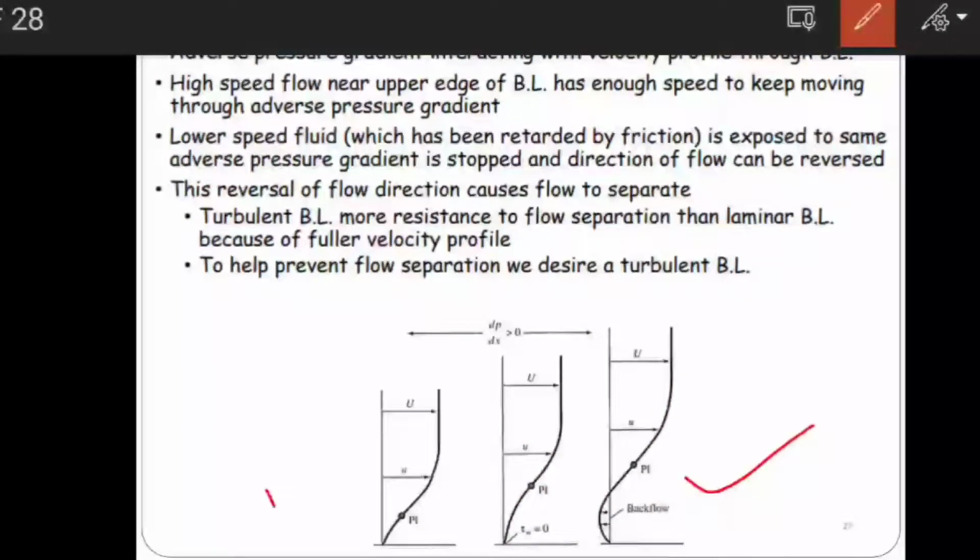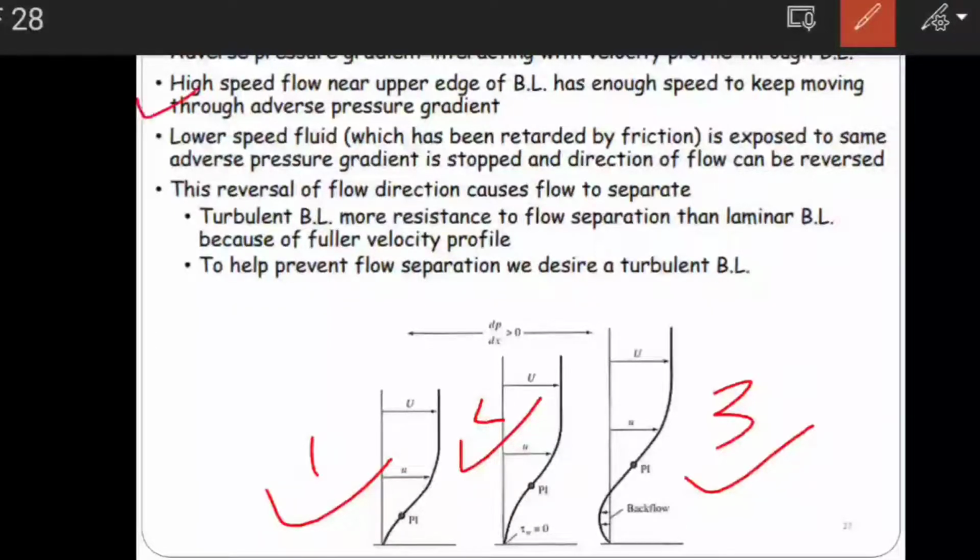In the first case, the fluid particles at the surface have very low momentum and low velocity, and are trying to stick. In the second case, the adverse pressure gradient is created, and because of it, in the third case you can see flow reversal take place, meaning deceleration of the flow. That is flow separation, and that creates a stall condition.